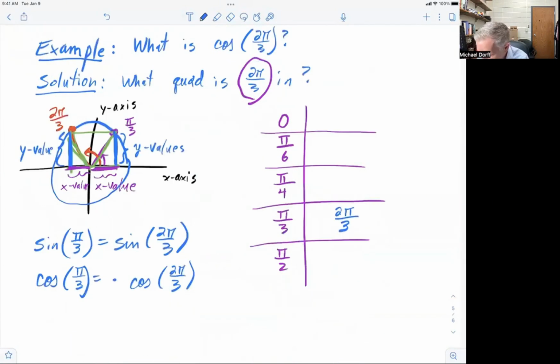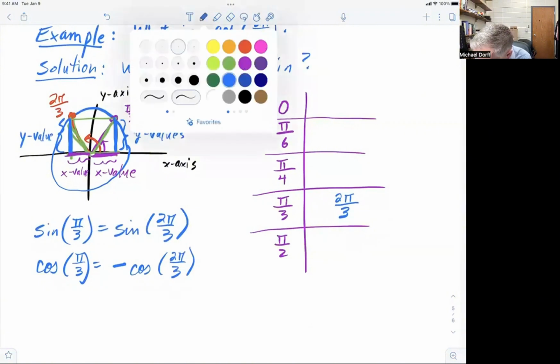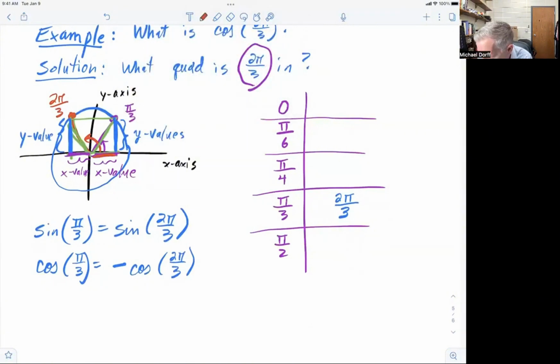So they're going to be negatives of each other. So the cosine of pi over 3 equals the negative of the cosine of 2 pi over 3. That comes because this x value here is the cosine of pi over 3, and this red line I'm drawing right now is the cosine of 2 pi over 3, but it is in the second quadrant, so it's going to be a negative value.